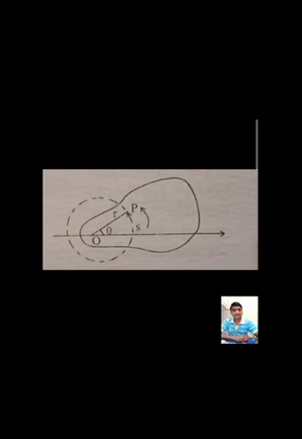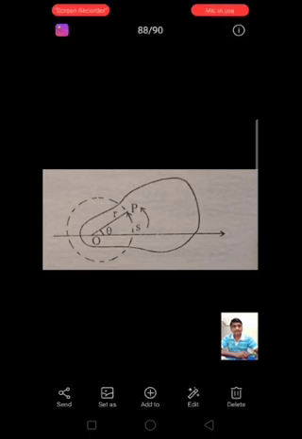From this we can write theta is equal to S by r. From this, S is equal to r theta. So by differentiating it with time, we will get ds by dt is equal to r d theta by dt.